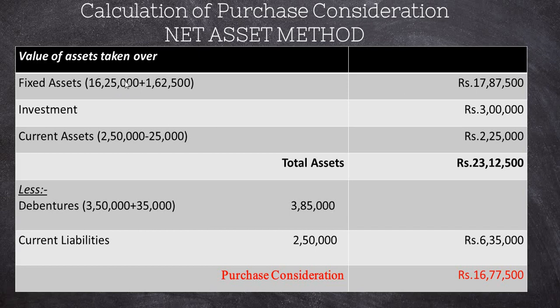So how much is 10% of 6,25,000? It is 62,500. So we are going to add the amount of 62,500 to the fixed assets value. So the real value of fixed assets is 6,87,500.